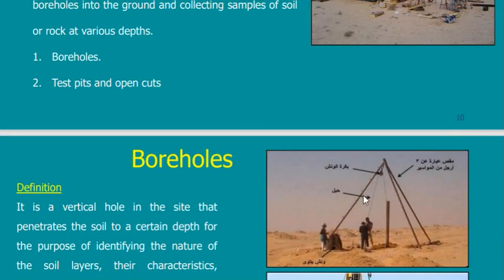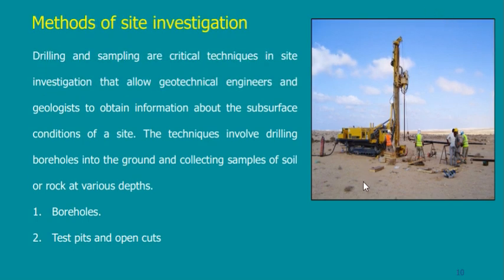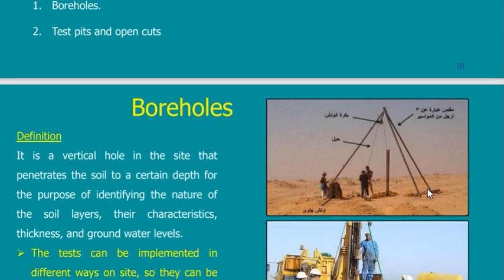This is good for comparison. You see this. This is the drilling machine that was used to drill 100 meters. This is a mechanical machine. This is the first type of machines that was used in site investigation.